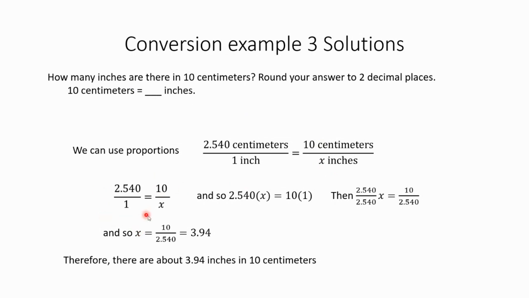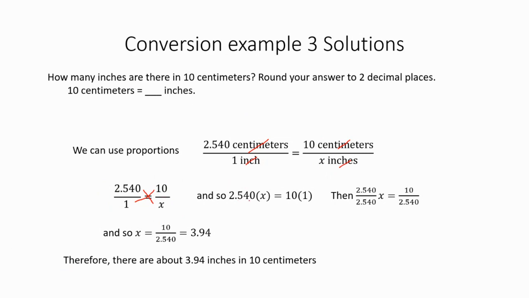Then you just cross multiply. Let me actually show the marking, so to say. This unit cancels with this, and this unit cancels with this. Even though this is inches and this is inch, that's okay. It can still cancel. From here, we cross multiply.